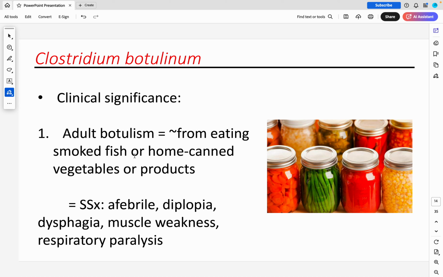There are manifestations such as diplopia, dysphagia, the difficulty in swallowing, muscle weakness, and paralysis of the respiratory organs. So there is also an effect on the respiratory system, or the lungs.